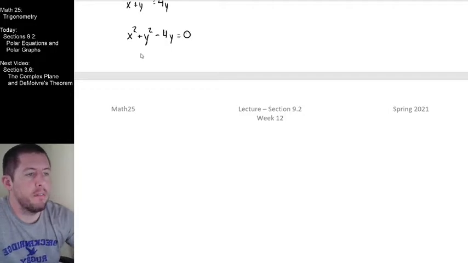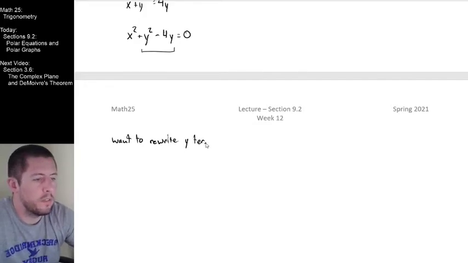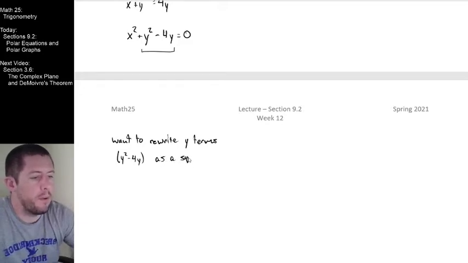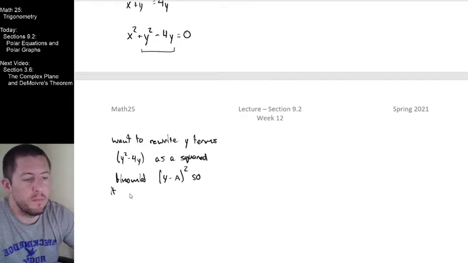And what I'm thinking to myself is I want to rewrite the y terms, y squared minus 4y, as a squared binomial. Something like y minus, I don't know, a squared. So it fits the general form of a circle.